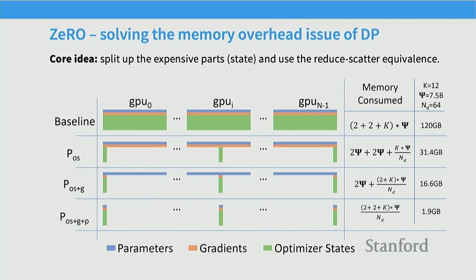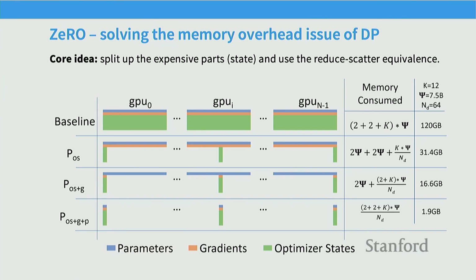But once we look at this picture, we get some very simple ideas. You might wonder, clearly, or maybe not clearly, I need the parameters and gradients to be copied across devices. That seems necessary to do data parallel. But do I really need all the optimizer states to be on every single machine, right? And once you ask that question, you can get to the second row here, and this is going to be called optimizer state sharding.